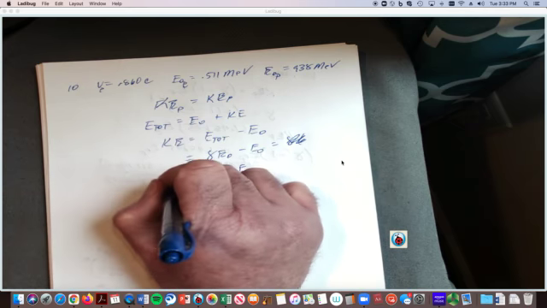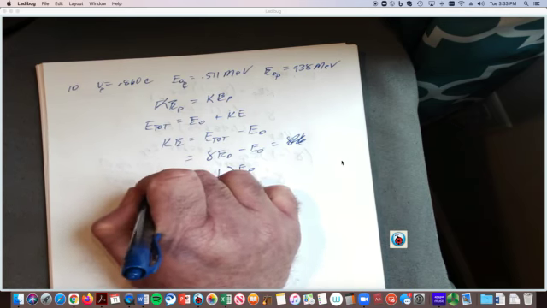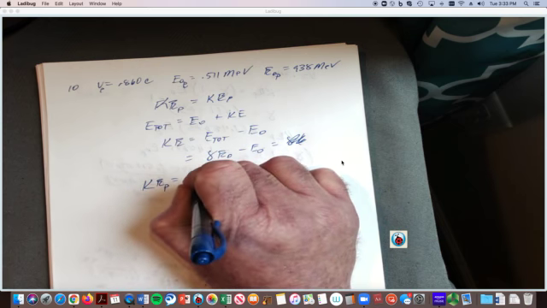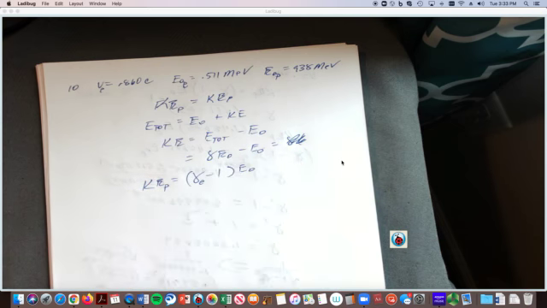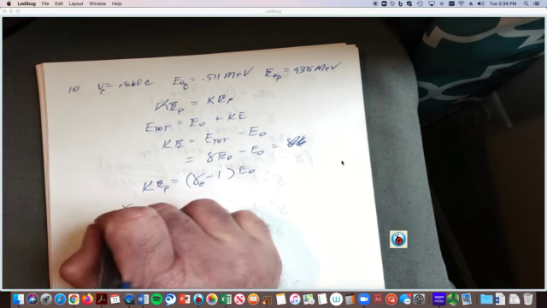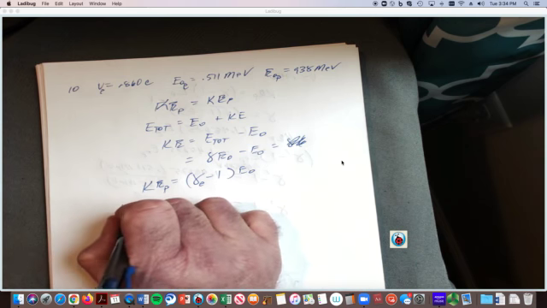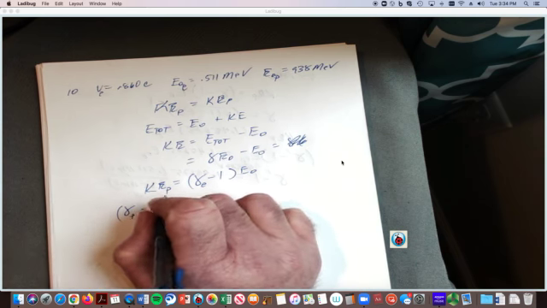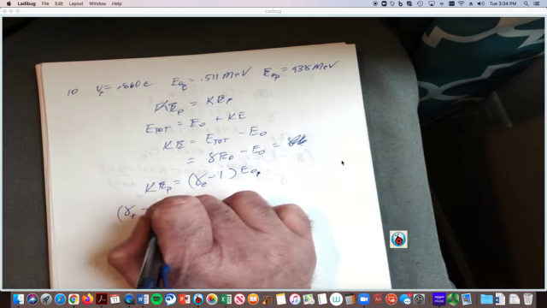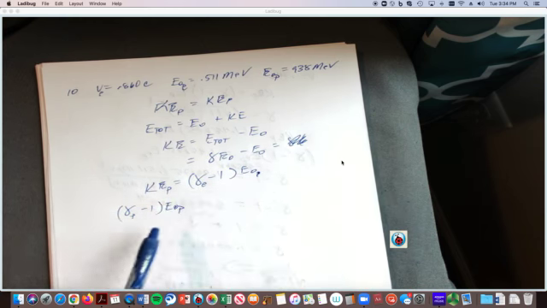That equals the kinetic energy of the proton. This gamma is the gamma of the electron, and we can compute that pretty quickly, but let's set up the algebra first. For the proton, this would be the gamma of the proton minus 1 times the rest energy of the proton. I've got a number for that.